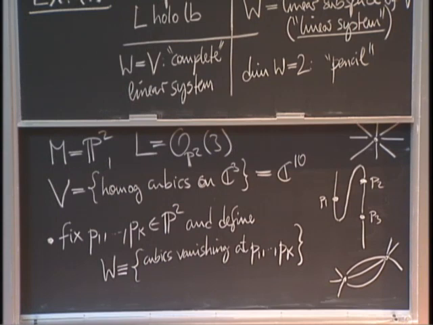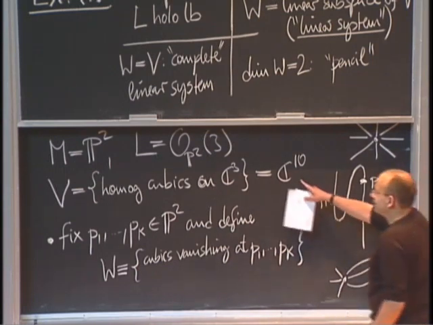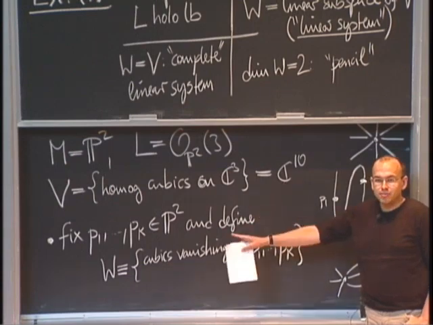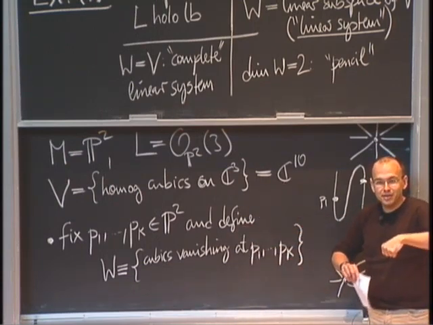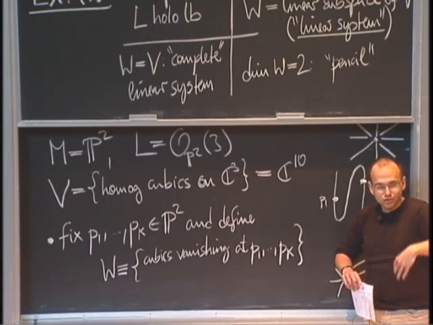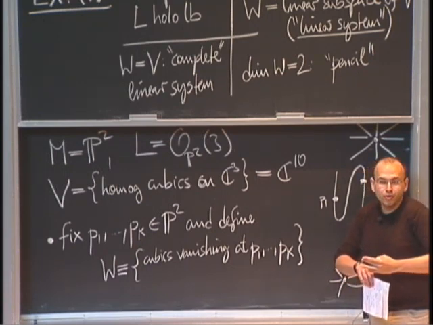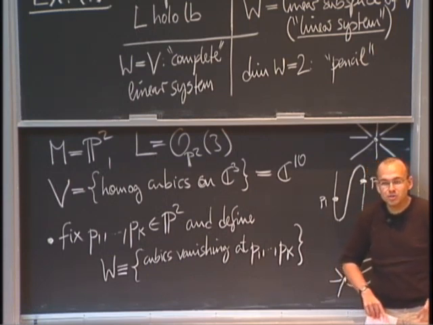You could ask, what is the dimension of that subspace? That's going to depend on the number of points, obviously. The intuition is that since your original space is 10-dimensional, if you impose a couple of these conditions, it's going to cut down the dimension by the expected number. If you require that the cubics pass through one point, then surely that's going to reduce the dimension by 1.